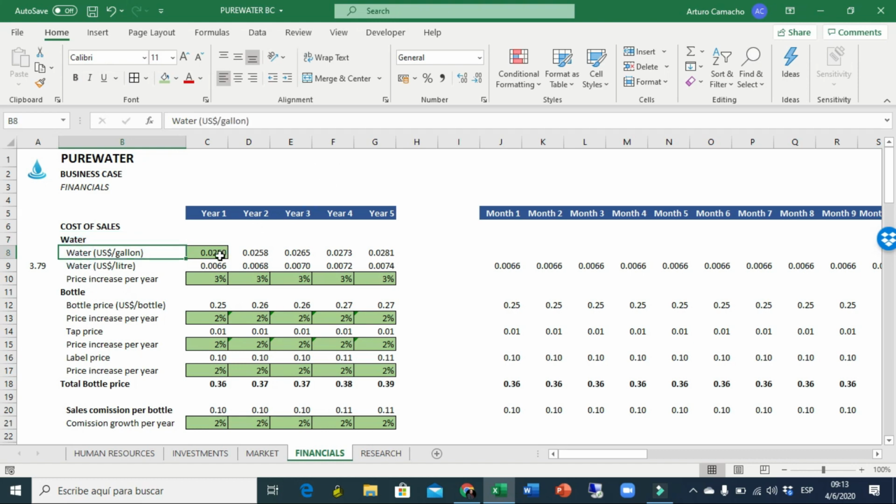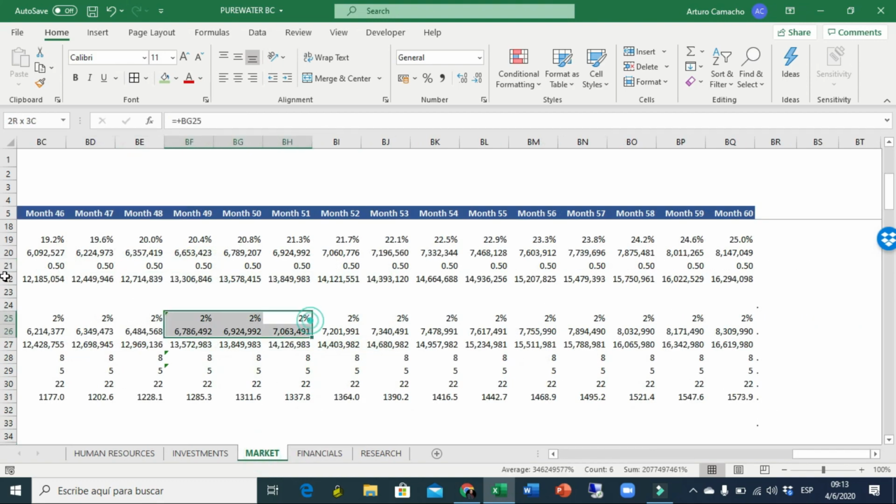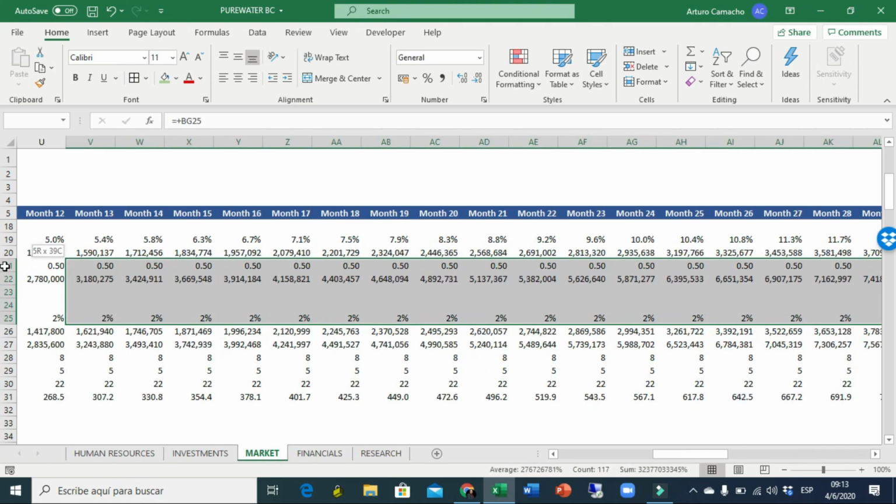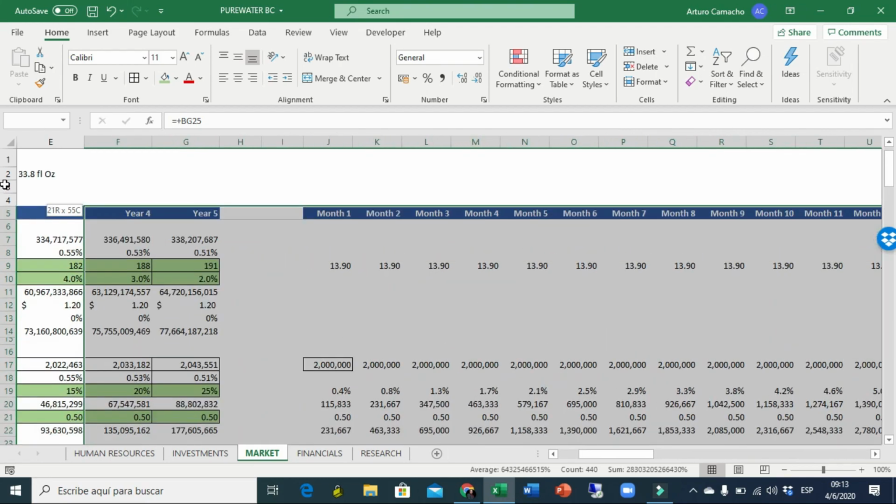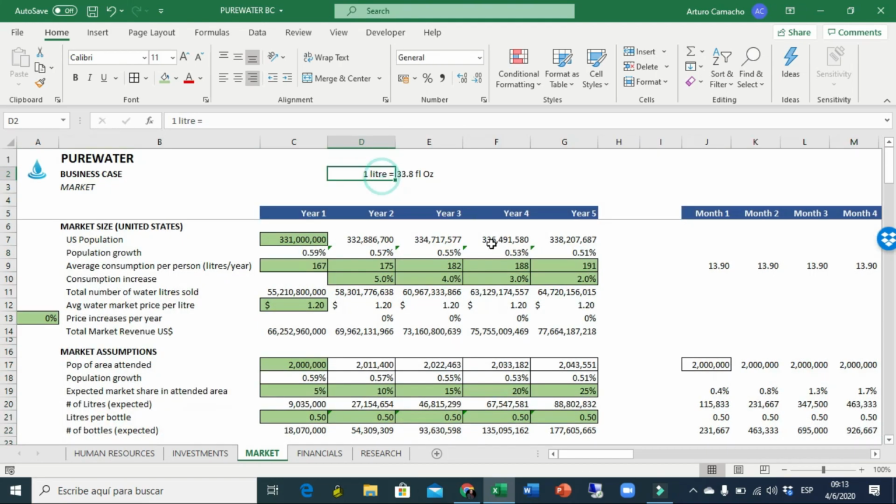So I took an average of around 30 cities of the United States, and the price per gallon is around $0.025 per gallon. That translated into liters, and I saw a mistake. I had a typo in all the liter words that I use in the model, so I fixed them already. So right here you will have only the word liter correctly spelled.